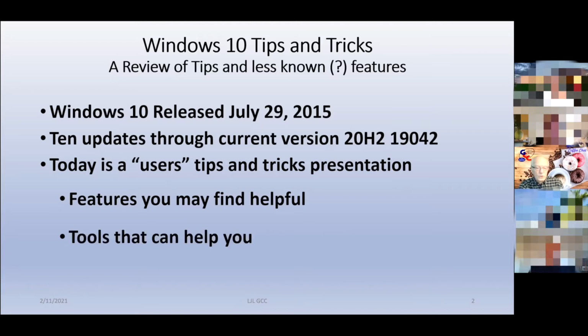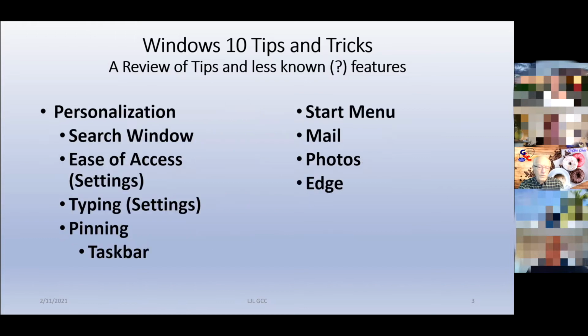And there's tools in here that will help you, and we're going to talk a little bit about personalization and search window. Many people don't realize if you hit the Windows key and start typing a term, it will automatically bring up search.